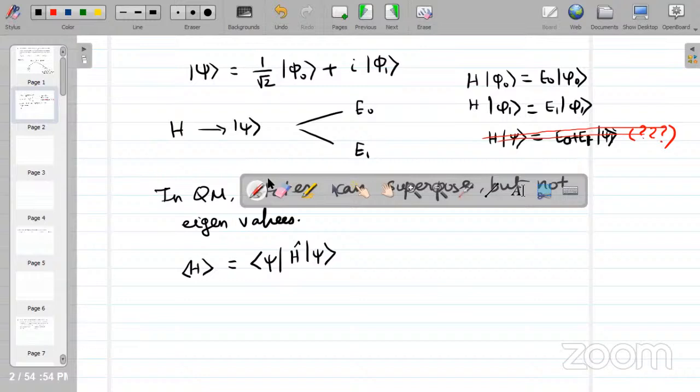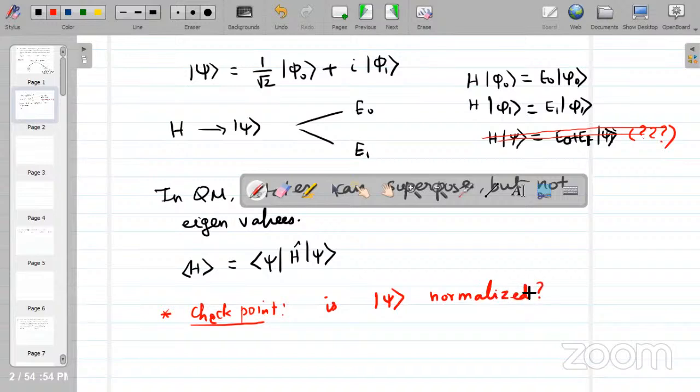Similarly, before doing any calculation in quantum physics, the first step is to check whether the given wave function is normalized. Just tell me, in this case, is it normalized or not?